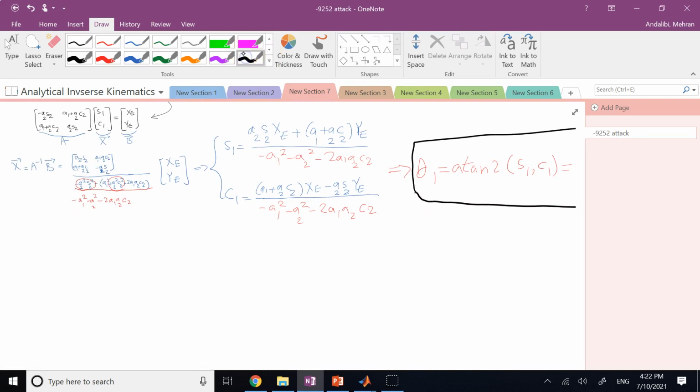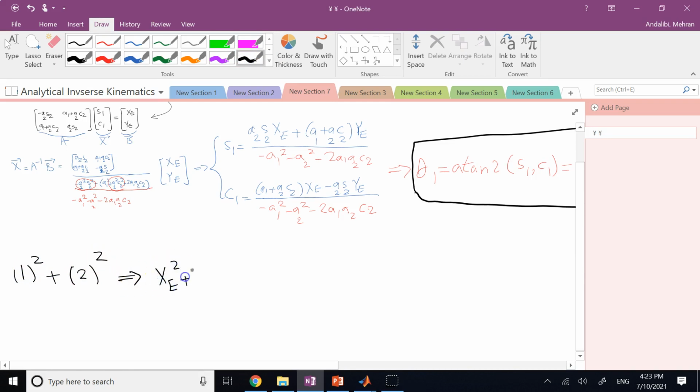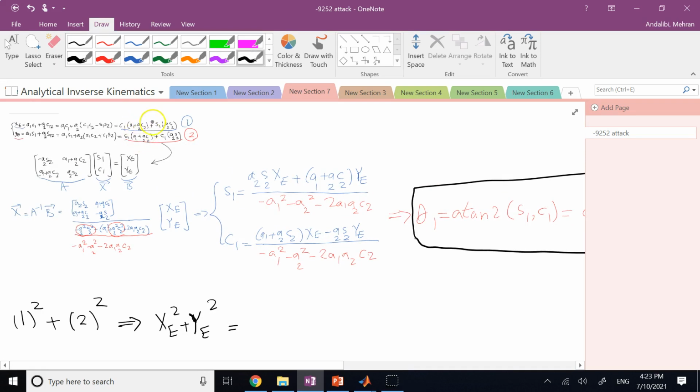So this is what I'm going to do. I'm going to square equation 1 and add it to equation 2 squared. On the left side, I will have xe squared plus ye squared. And on the right, I will get sine 1 squared times (a1 plus a2 c2) the whole thing squared, plus sine 1 squared times (negative a2 sine 2) the whole thing squared.